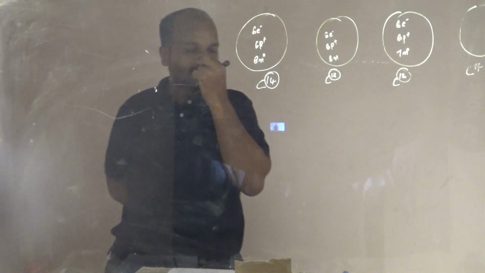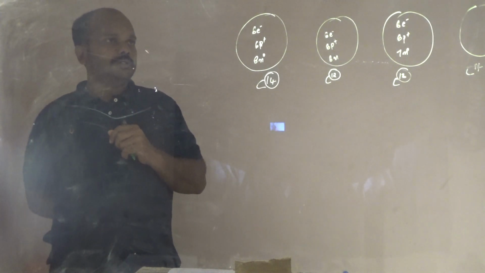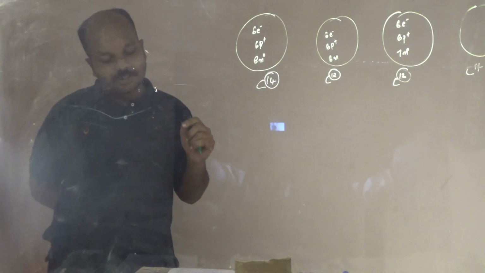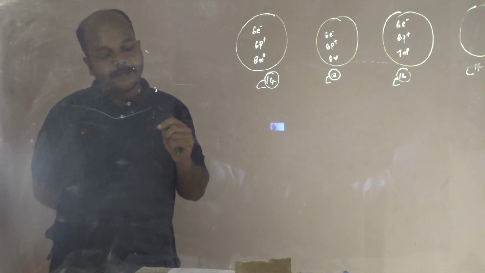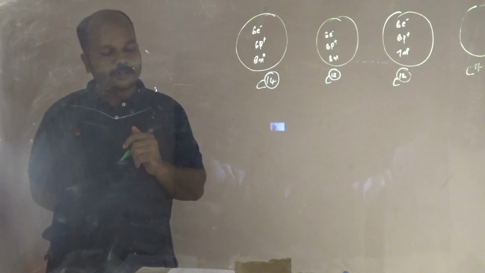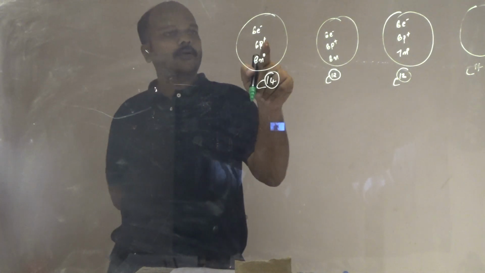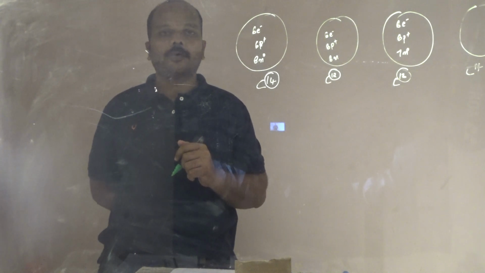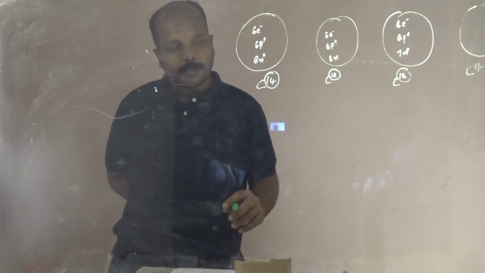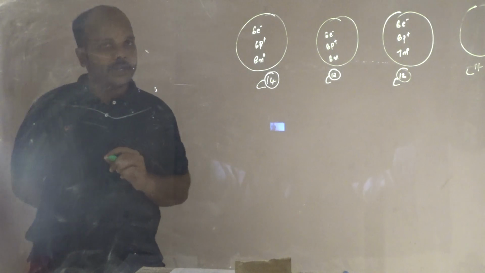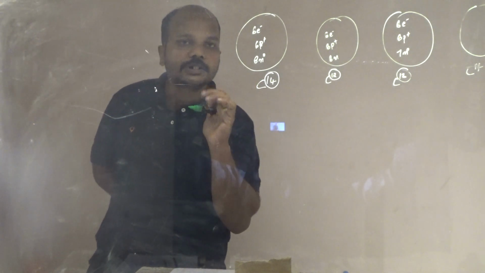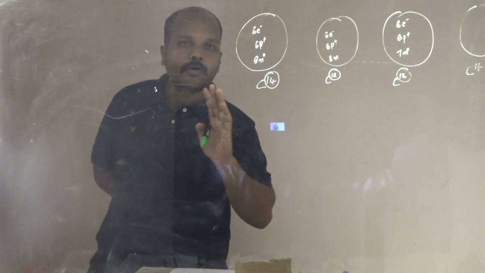Here C14 is one of the radioactive elements. The number of protons and electrons is the same, but the number of neutrons is different. C14 is radioactive in the sense that it doesn't remain C14 for a long time.